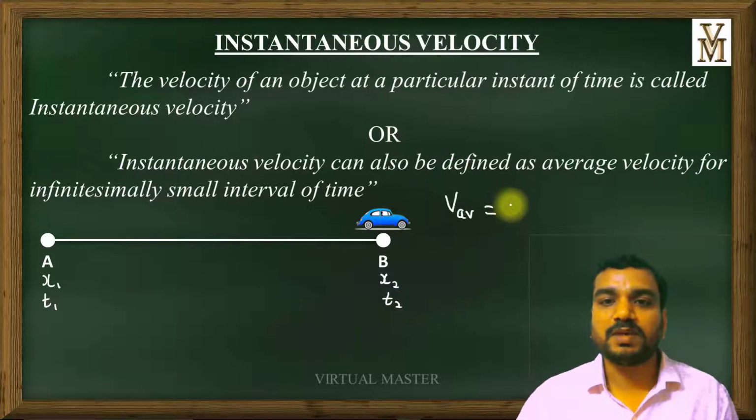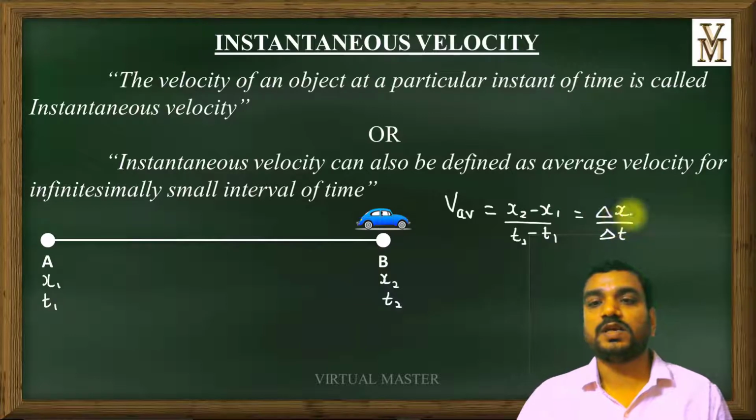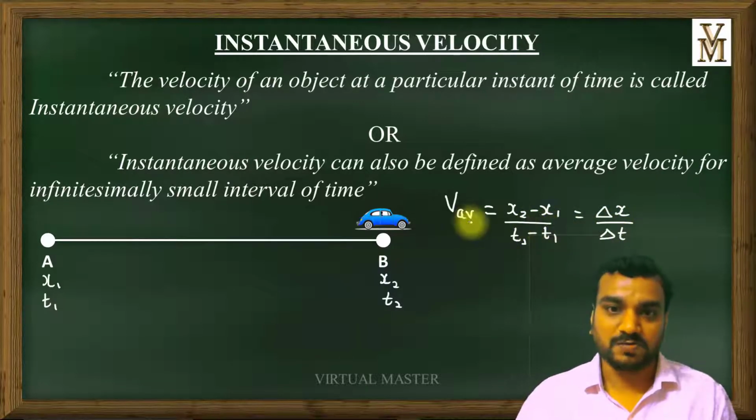Then V_av can be written as x2 minus x1 divided by t2 minus t1. Here x2 minus x1 is nothing but delta x divided by delta t, that is total displacement divided by total time taken. This gives the average velocity.